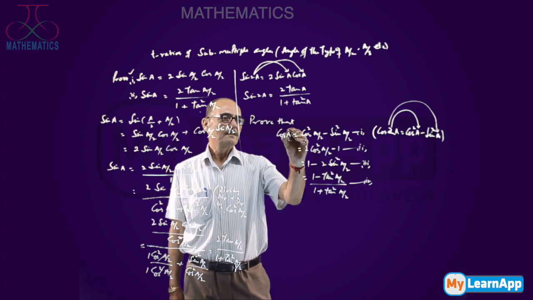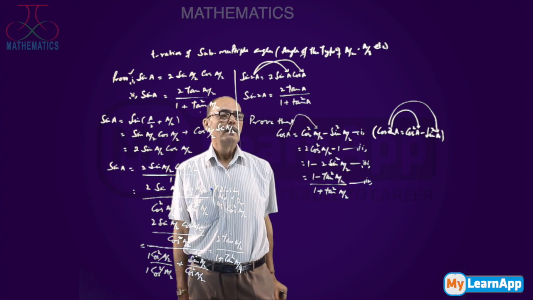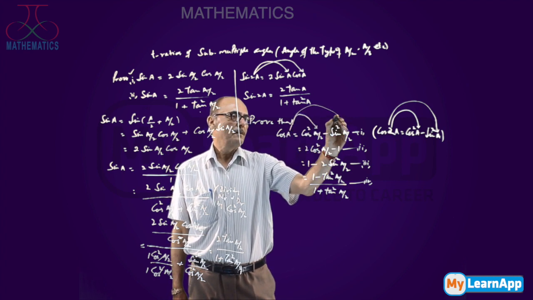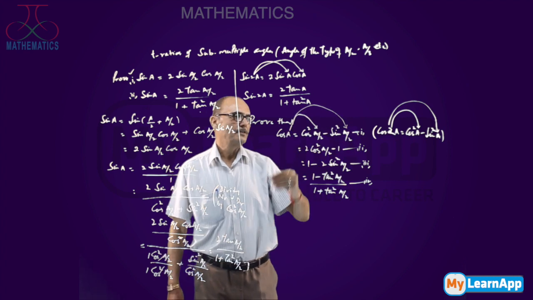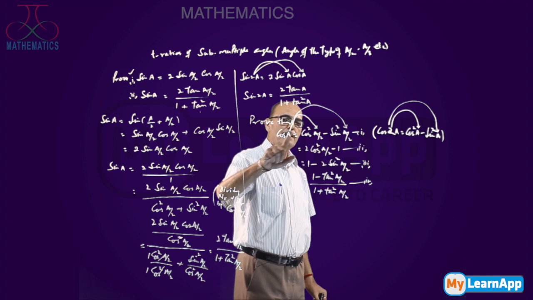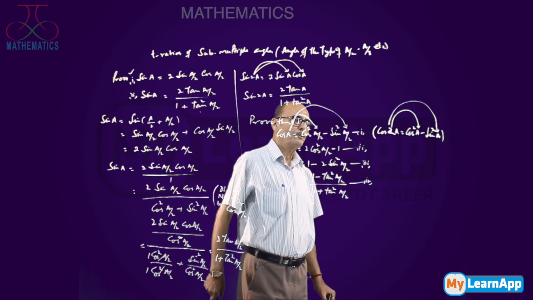Similarly, in this case, half of a is a by 2, cos square a by 2, and half of this will come with sine. The only difference is here 2a is replaced by a, and on the right hand side a is replaced by a by 2.